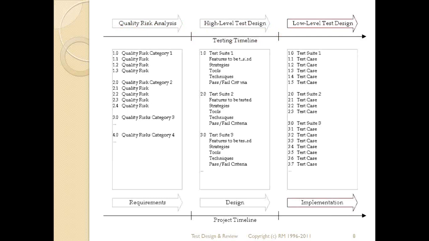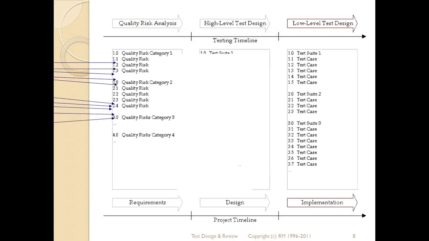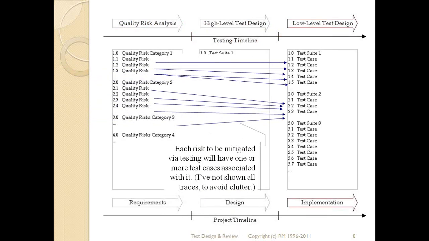it is a little simpler and a little confusing. Now for every sub risk category that I have identified, I must have at least one test case which is covering this quality risk category. So you can see 1.1 is being covered by 1.1, 1.2 quality risk category is being covered by 1.2 and 1.3. Same goes for quality risk category 1.3, which is being covered by 1.4 and 1.5.